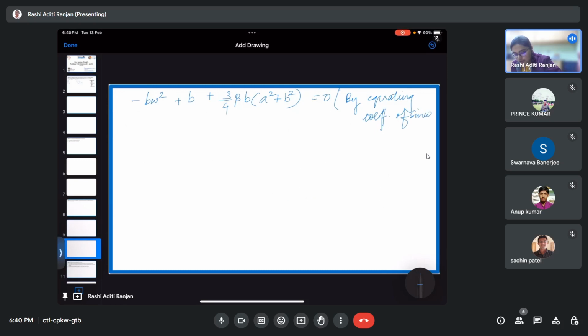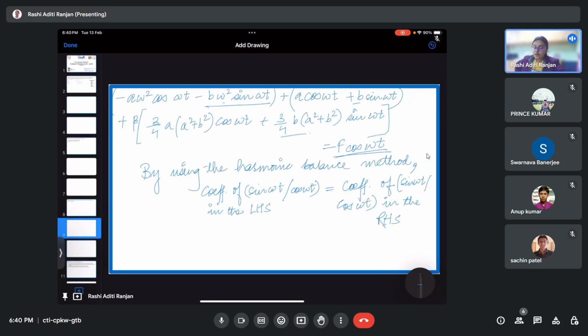sine of omega t. Now if I'll equate the coefficients of cos of omega t. So in case of cos omega t, we have a coefficient capital F, which is the amplitude of the forcing function on the right hand side. Okay, so what am I going to get? I'll have this minus of a omega square, and I'll have this plus a.